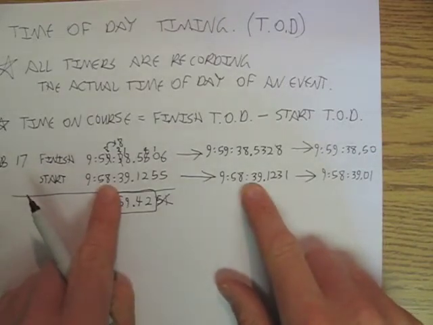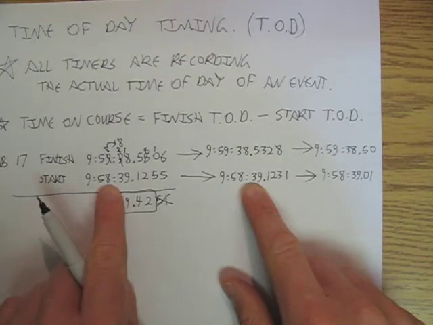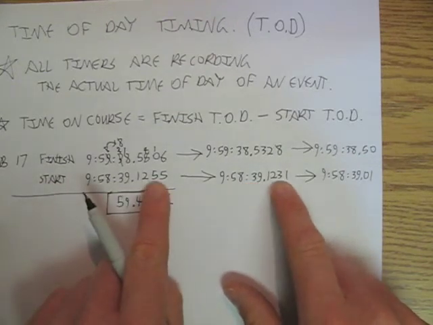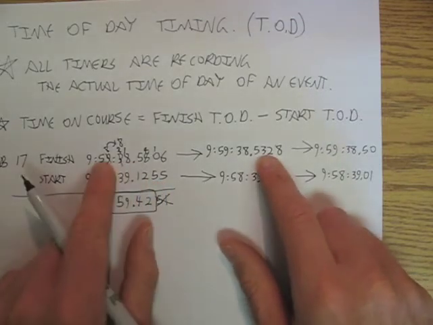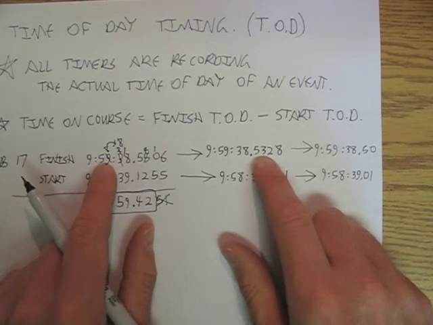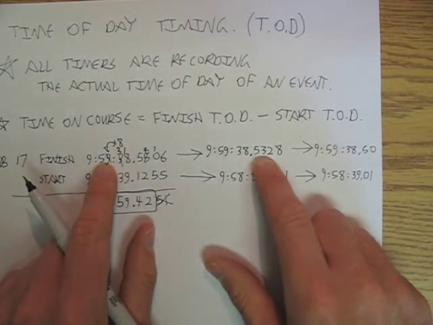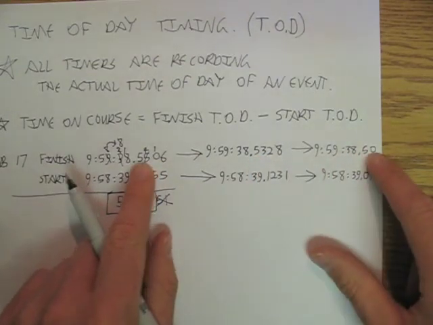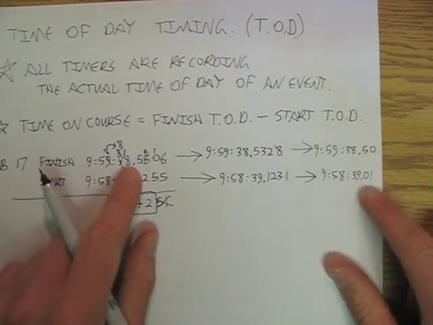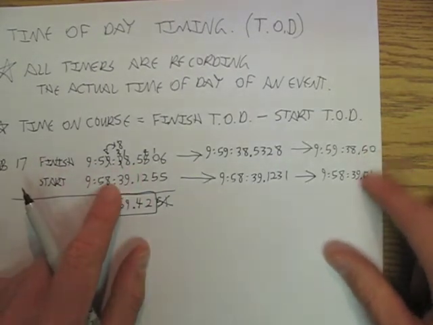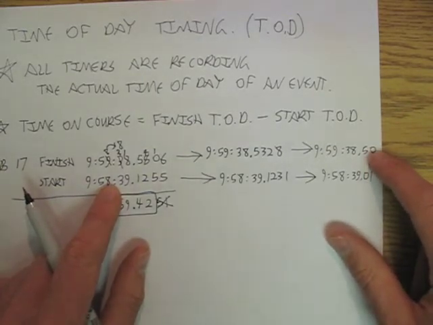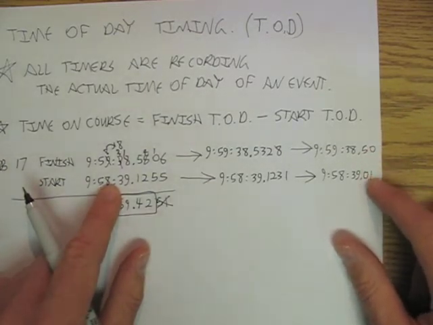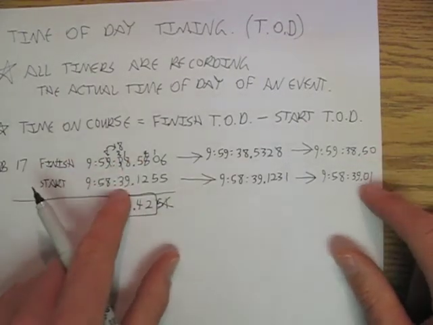Electronic times going through a start box with very little variability come down to 0.02 of a second. Two separate sets of finish eyes have a variability of 0.02 of a second. And a human being standing out in the cold with a stopwatch has about 0.15 of a second variability between those two times.